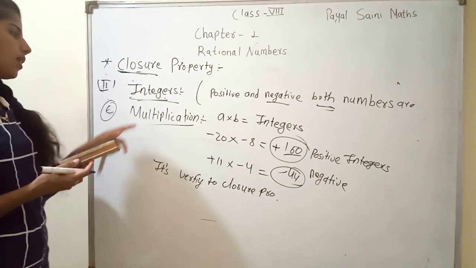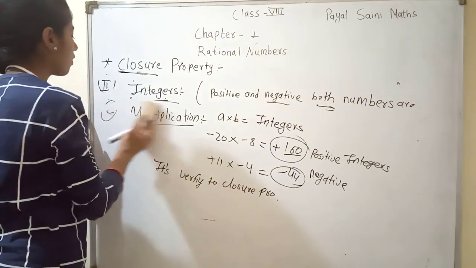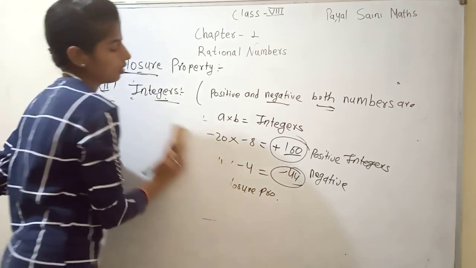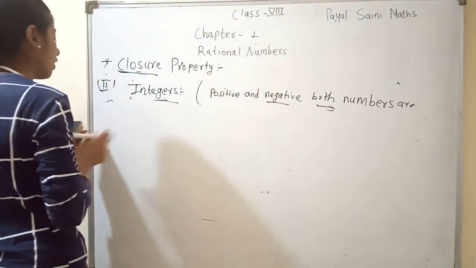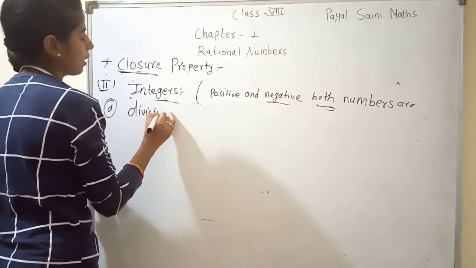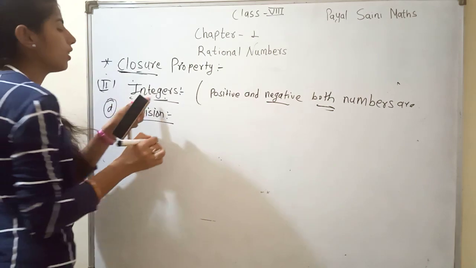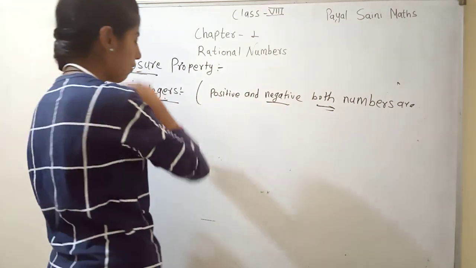Now the last operation in integers. What is the last operation? Division. Now we start division, D point here. For division, we check whether integers verify closure property, yes or no. Then how do we solve?